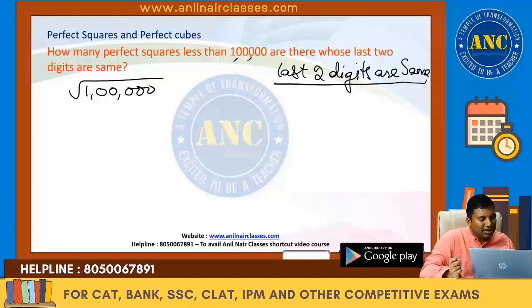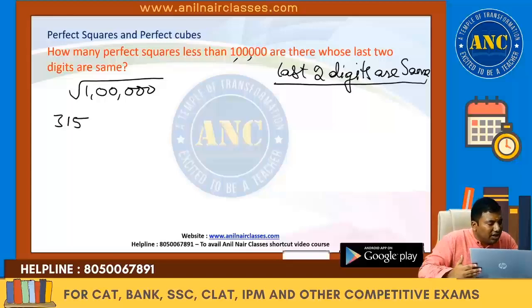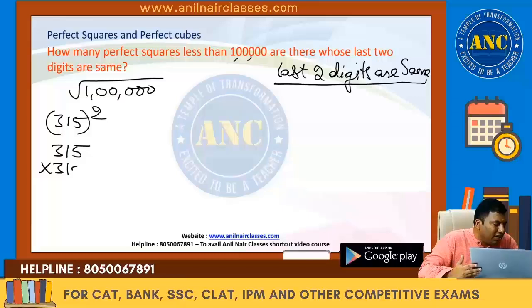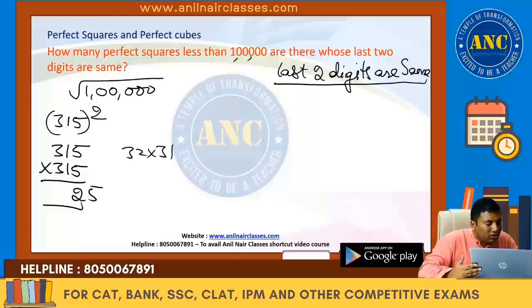Now, if you see here, 1 lakh is nothing but 300 something square. Suppose if I take 315 square, 315 square is 315 into 315. 5 5s are 25, 32 into 31, 32 1s are 32, 32 3s are 96, 99225.